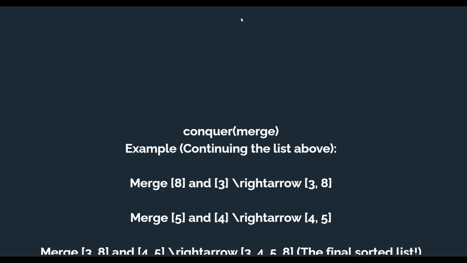Conquer, merge. The second simple step is to merge those small sorted lists back together, two at a time, to create new larger sorted lists.